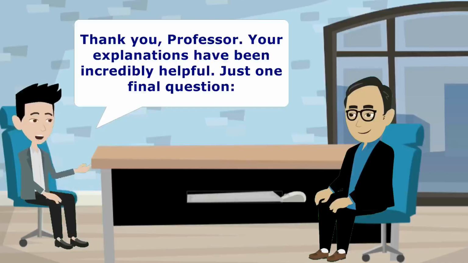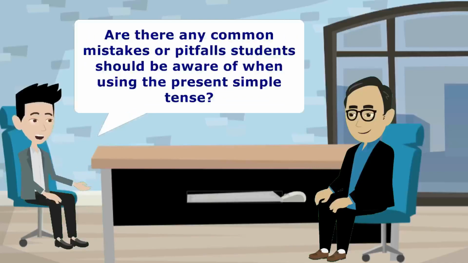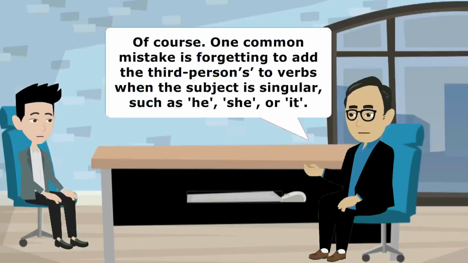Just one final question. Are there any common mistakes or pitfalls students should be aware of when using the present simple tense? Of course. One common mistake is forgetting to add the third person s to verbs when the subject is singular, such as he, she, or it.